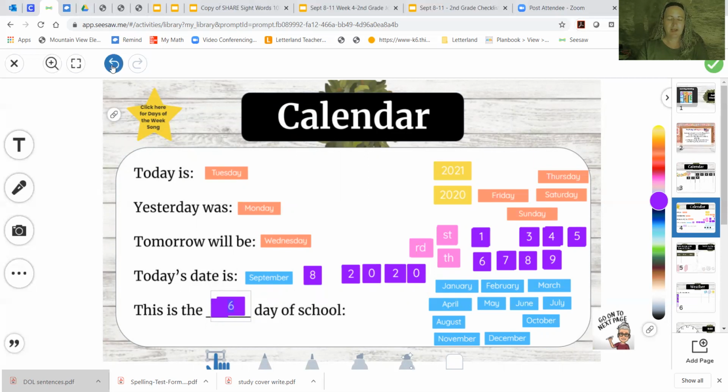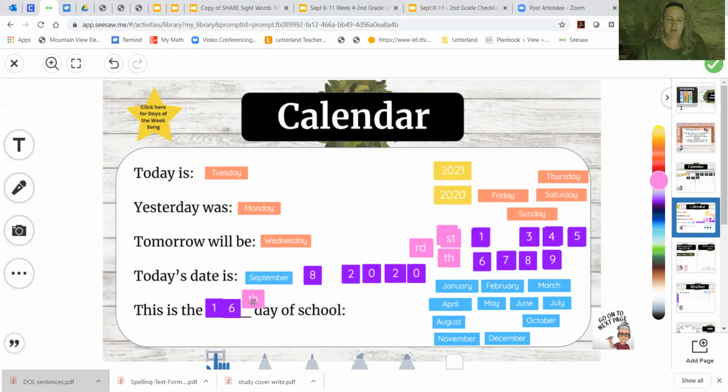If I make a mistake and need to move things, I can do my undo button up here. And before I move my 6 down, I'm going to move that over. We need to put the 16th. So we got RD for ERD, TH and ST for ST, but that's not what we put. It is the 16th.